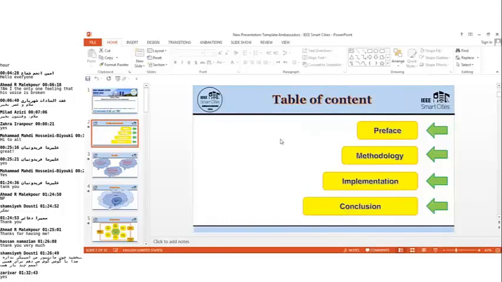At first, a preface and some needed points about the concepts used in this lecture are described. Then the methodology used in this study is described. Then the methodology is implemented, and at the end, a conclusion and summary of the points described will be presented.